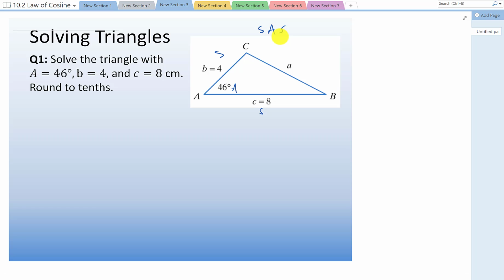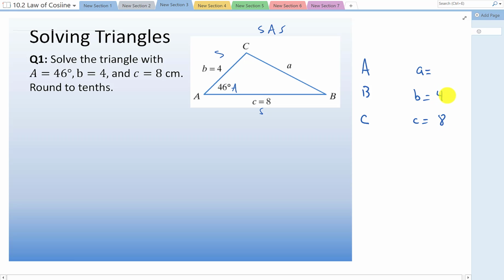So if we're going to solve this triangle, we need to start organizing what we got. So I need to solve for A, B, C. These are angles and sides. Angle A, side B, side C. And side C is known, that's 8.